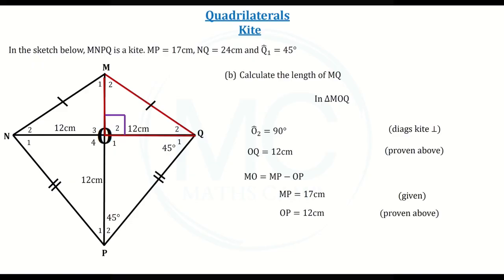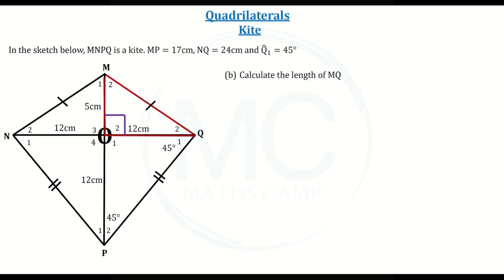Now we have a length for MP and for OP, so we can say MO is equal to MP 17 minus OP 12, which means that MO must be equal to 5 centimeters. Let's put 5 centimeters into the diagram for MO, and now we can make some space. Now we have a right angle triangle with two known sides. So we can use Pythagoras' theorem.